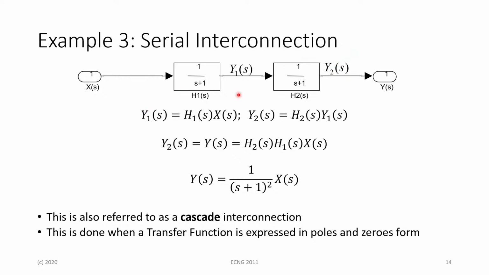So we say y1 is going to be x multiplied by h1, then y2 here is going to be h2 multiplied by y1. And we can combine all of these to get this in y and x only. And we see basically y of s is just going to be h2, h1, x of s.